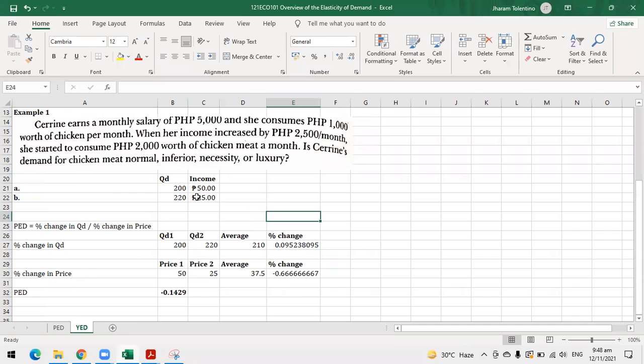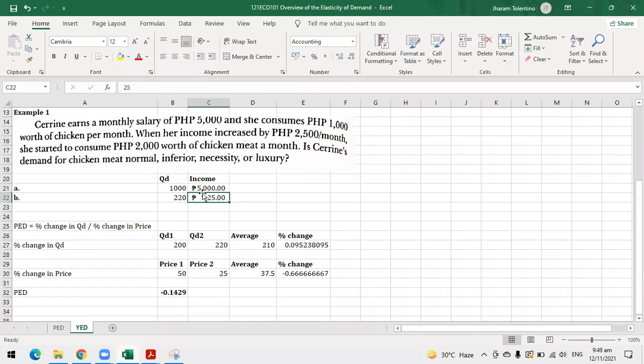So dito, yung quantity demanded, it's in the form of pesos kasi hindi siya naka-quantity. So quantity demanded A. So 1,000 pesos worth of chicken and then for salary of 5,000. Would you imagine yung sahod niya 5,000?